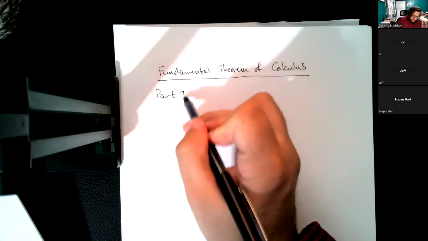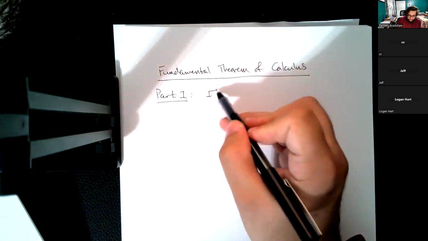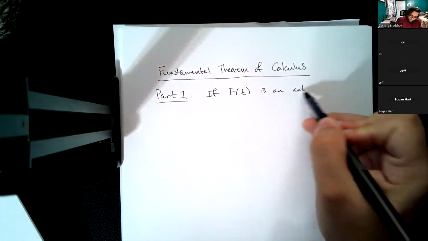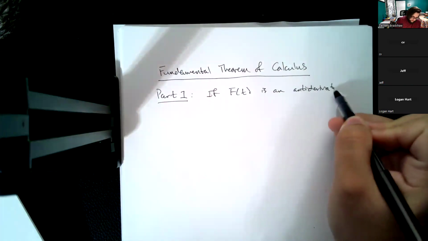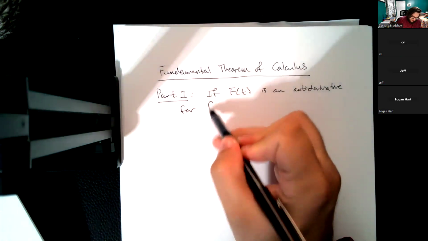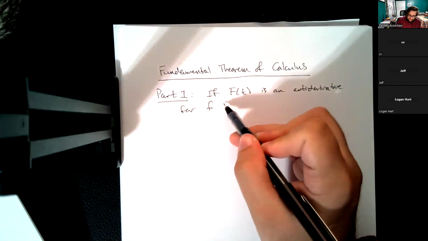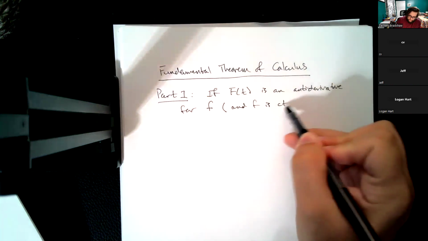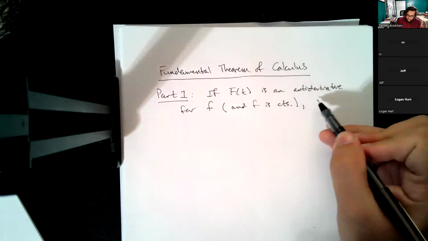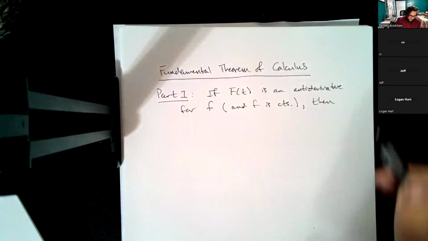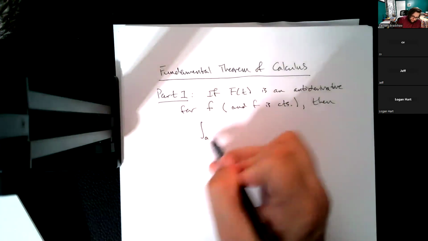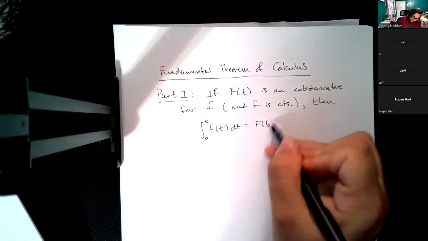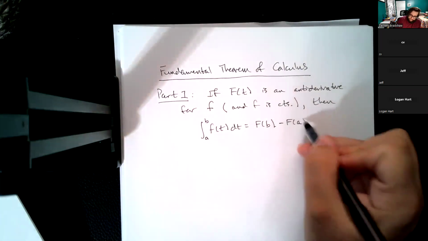It tells us that if capital F is an antiderivative for lowercase f, and f is continuous, I think this is too strong, but that's fine, then the integral from a to b of f of t dt is F of b minus F of a.